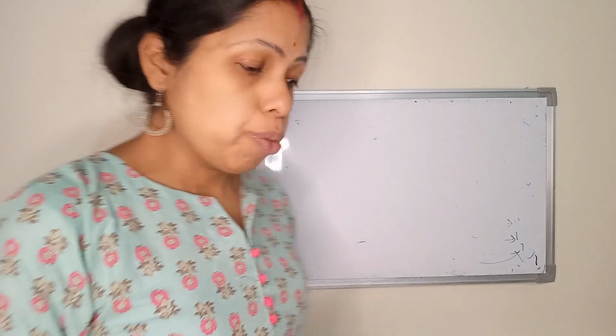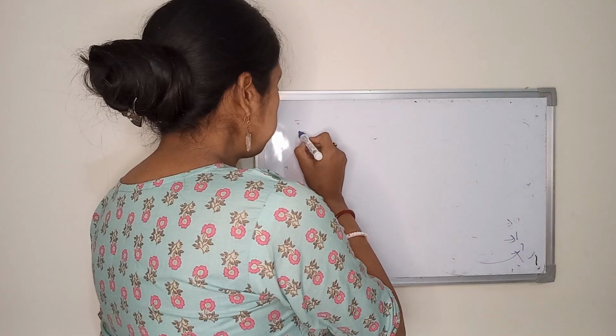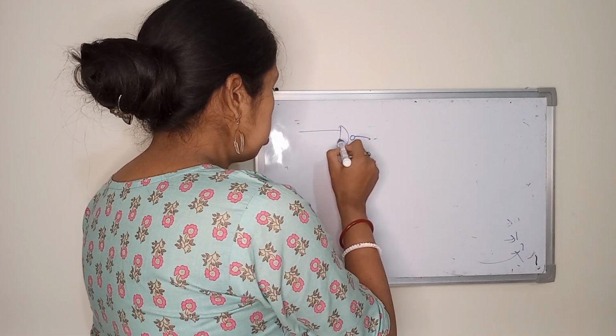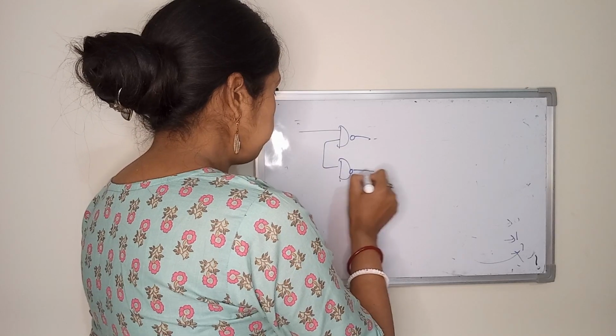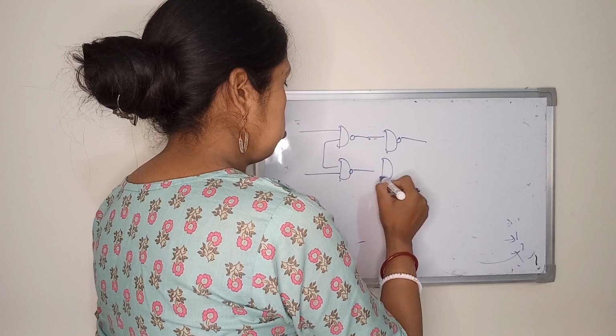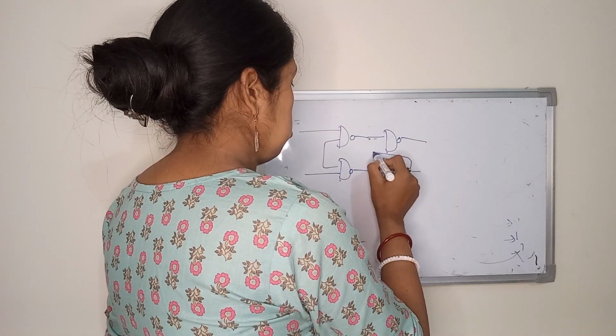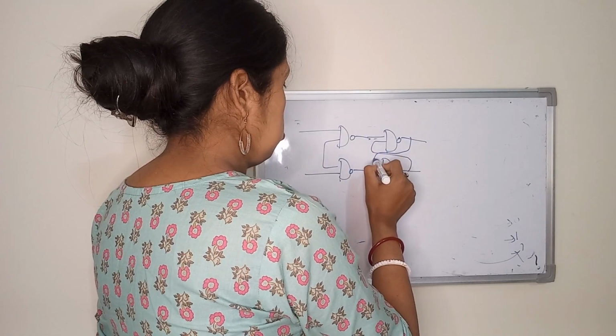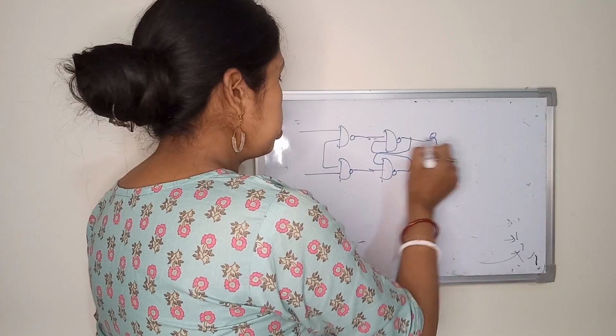Now come to the JK flip flop. In case of the JK flip flop, if we want to use the 1-1 combination from the SR flip flop, we need the JK flip flop. Okay, so I am drawing the JK flip flop.